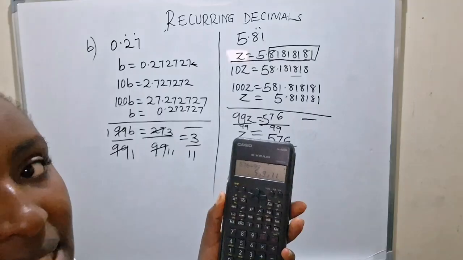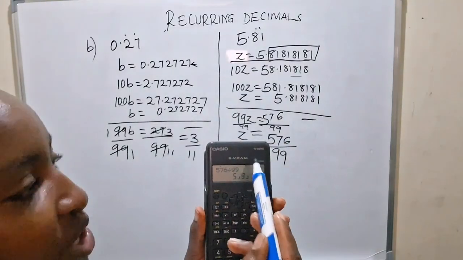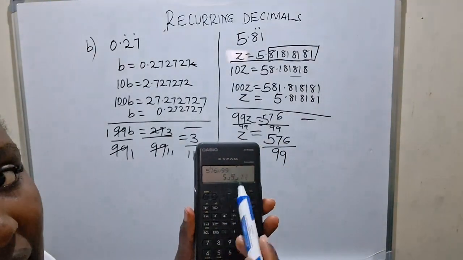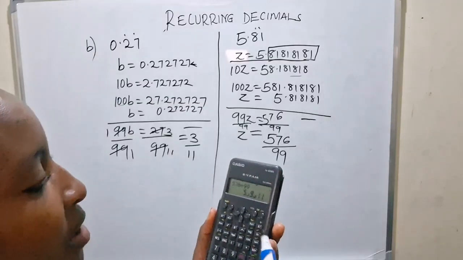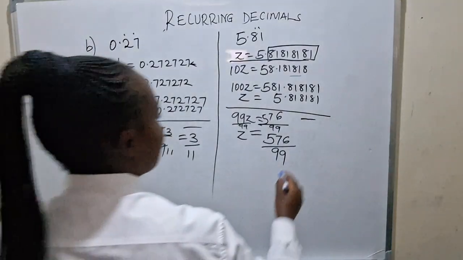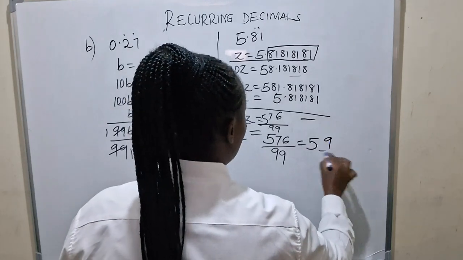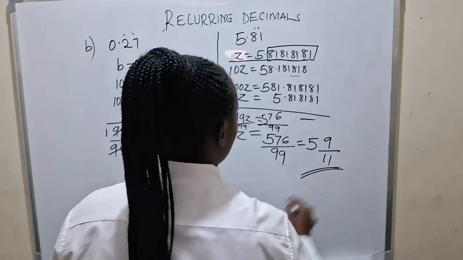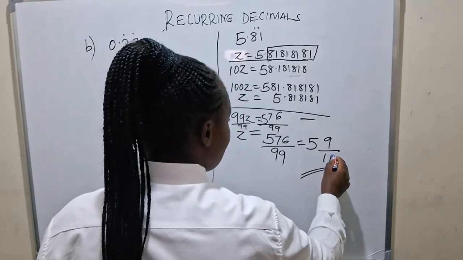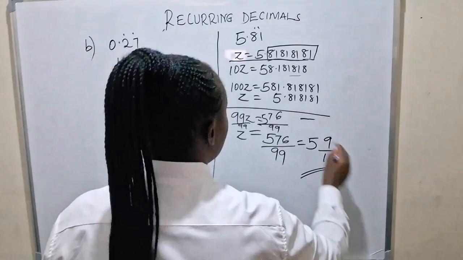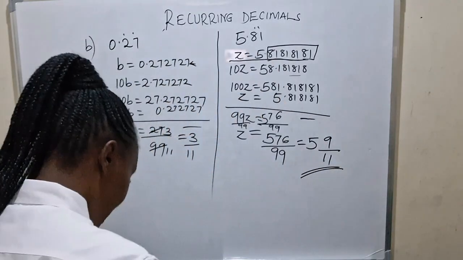If you press that, it will give you the fraction answer of whatever you had put. So the answer is 5 whole and 9 over 11. Okay, so if you convert this to decimal, then it should give you 5.81 recurring.